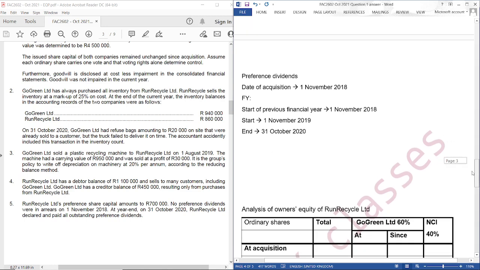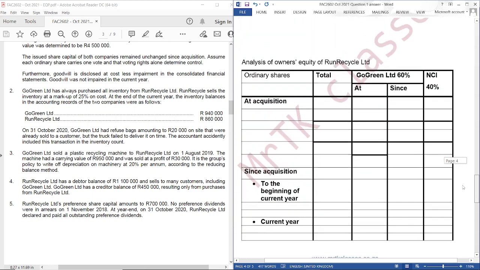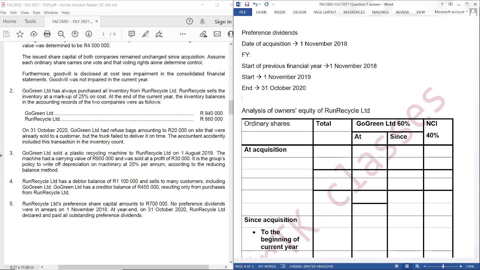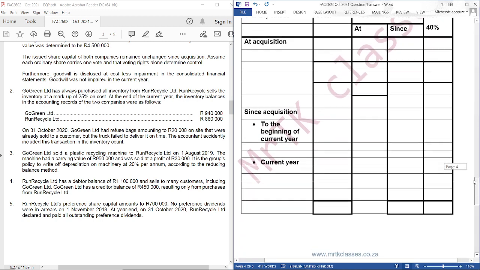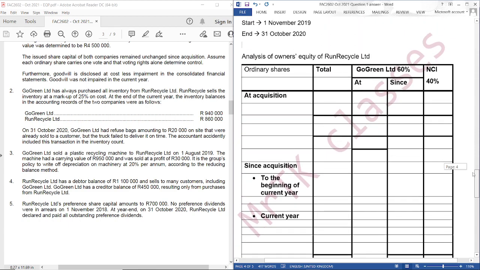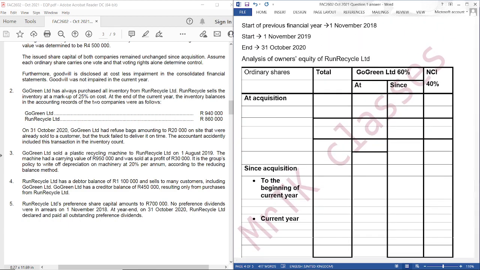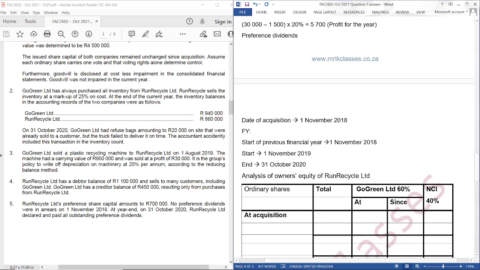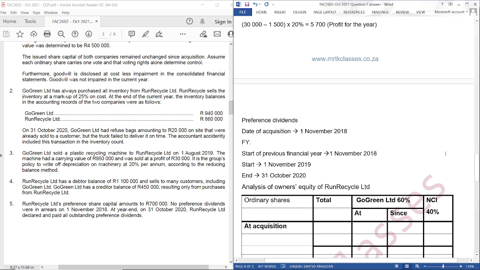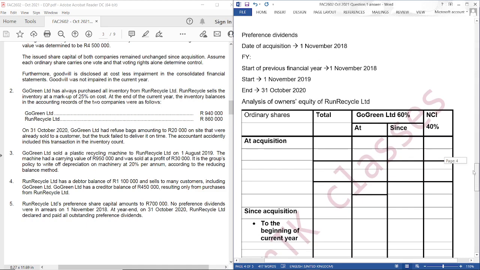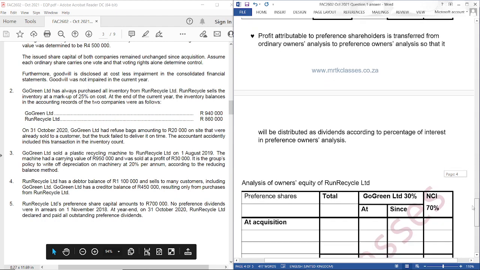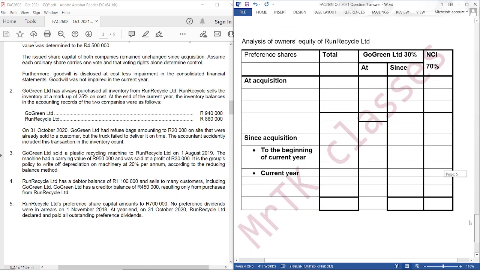So let us make use of these analysis tables. This is ordinary shares, and this is preference shares.